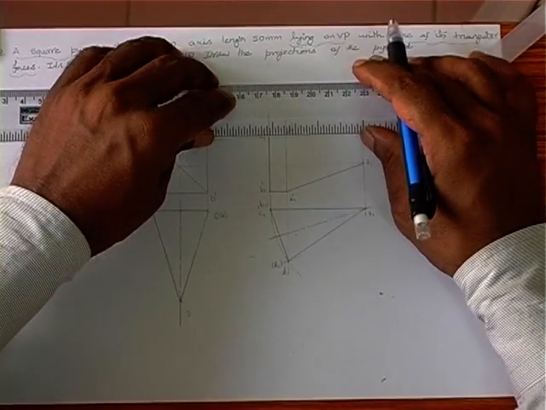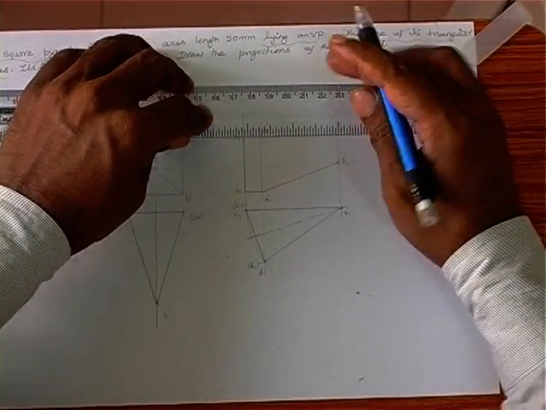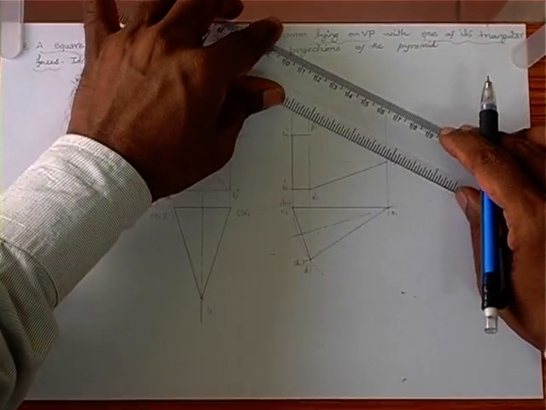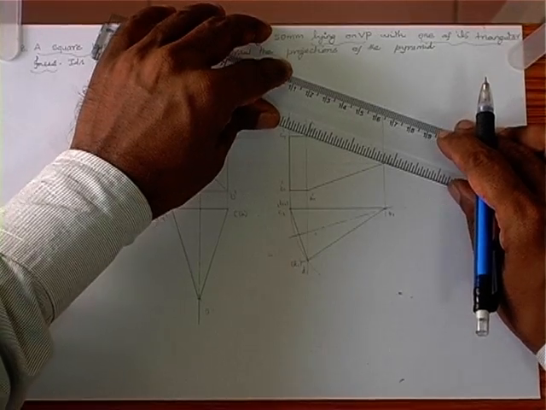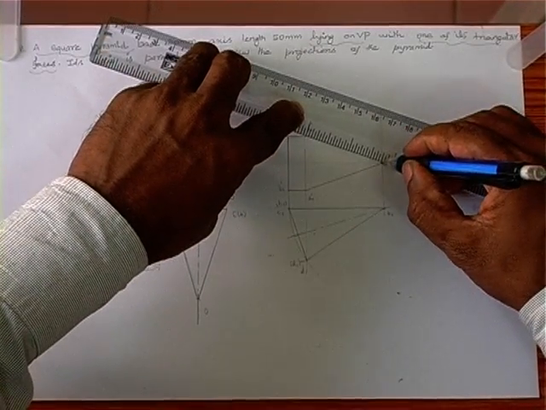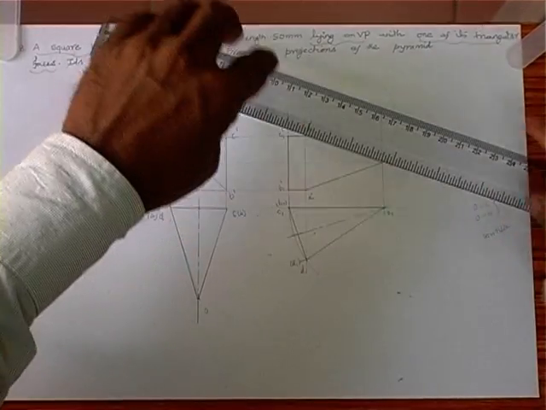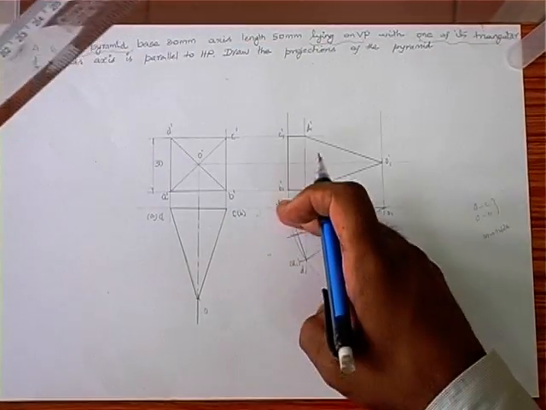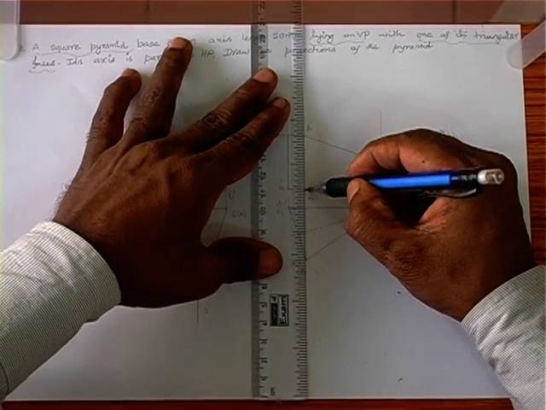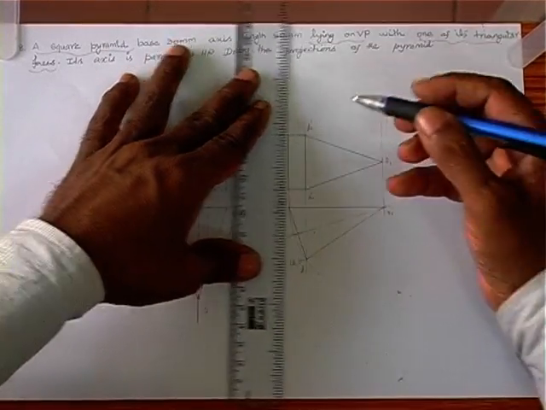CD is again an outer edge, so it has to be visible. OD is an outer edge, also visible. Here ABCD is completely visible, so we can make this dark.